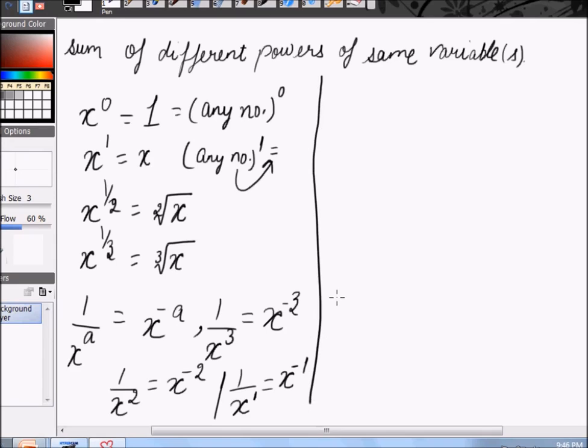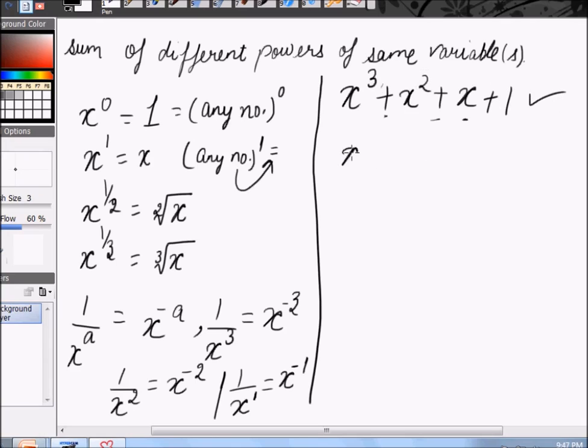Now let us have some more examples. See, x cube plus x square plus x plus 1. Here we have a variable, that is x, and different powers of this variable. Therefore, it is clearly a polynomial.